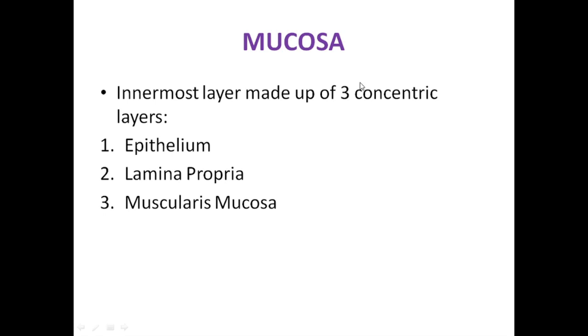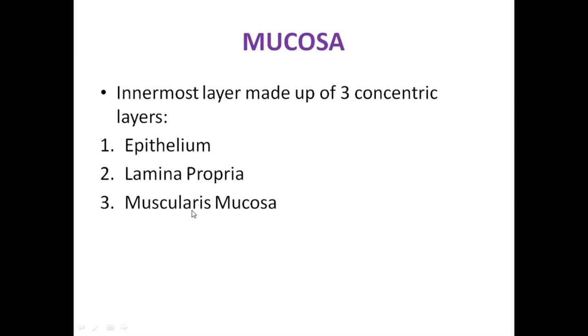Now we first see the individual layers, then we will see the differences in the individual layers in different parts of alimentary canal. First is the mucosa. It is the innermost layer, made up of three concentric layers. The innermost is the epithelium, outside it is the lamina propria, and outside it is the muscularis mucosa. See here the word is muscularis mucosa, not muscularis externa.